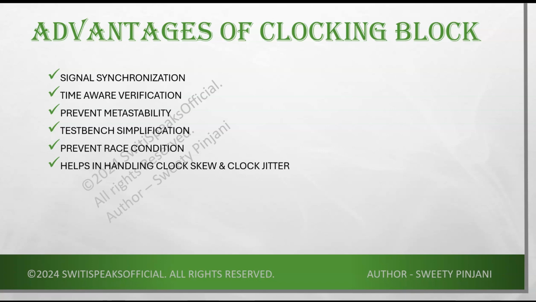What is jitter? Clock jitter is minor variations in your clock period. That is called clock jitter. In a real chip, it is very difficult to have a perfect clock.